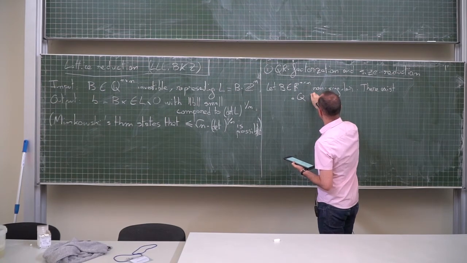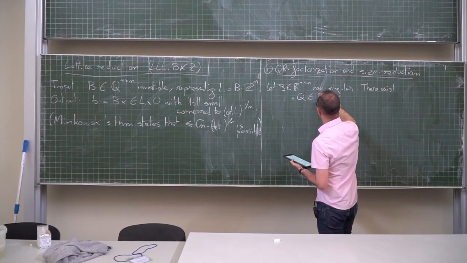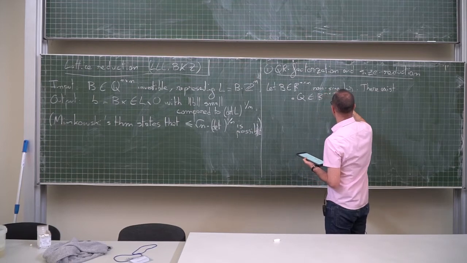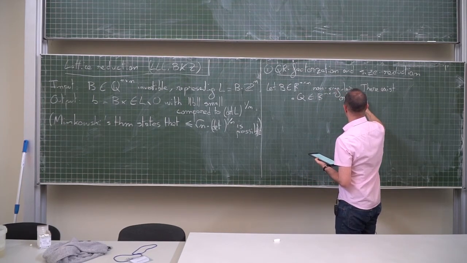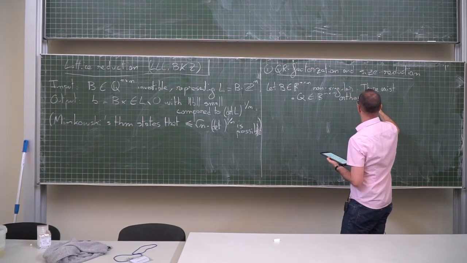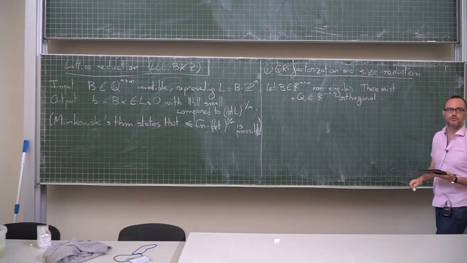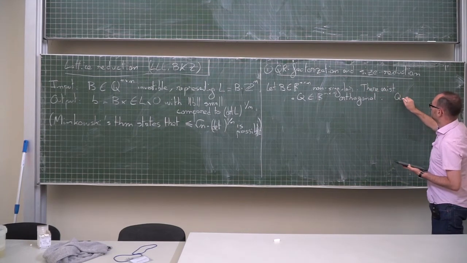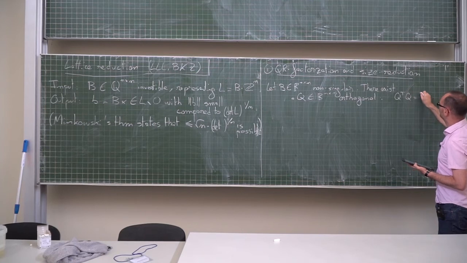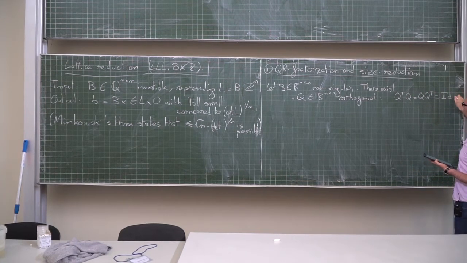So Q is in R^{n×n}, orthogonal. So orthogonal means that Q^T Q equals Q Q^T equals the identity.